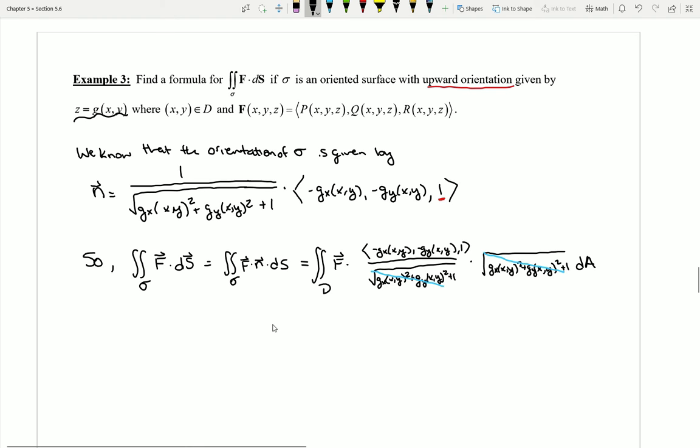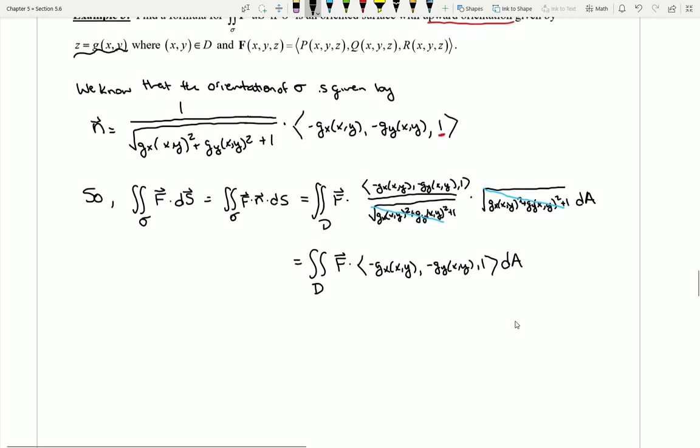And what I can actually do then is to simplify this down to just look like a double integral over D of my F dotted with this vector here, which again operates as a normal vector to the surface with an upward tilt. So I have this.